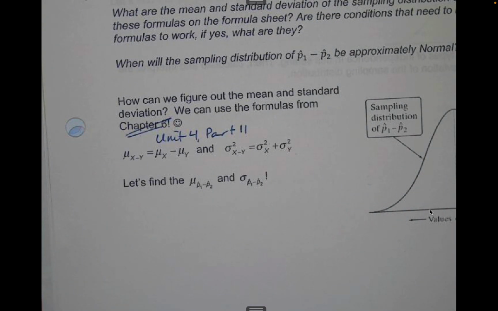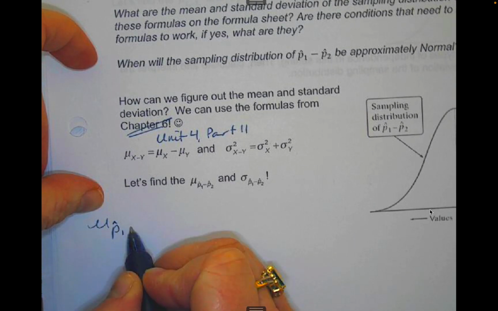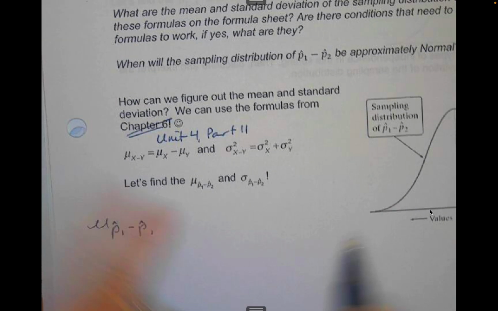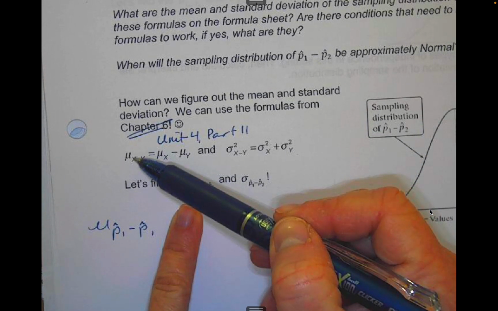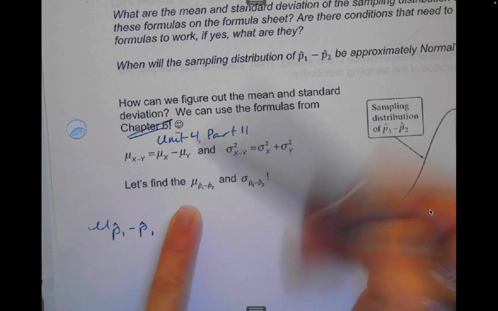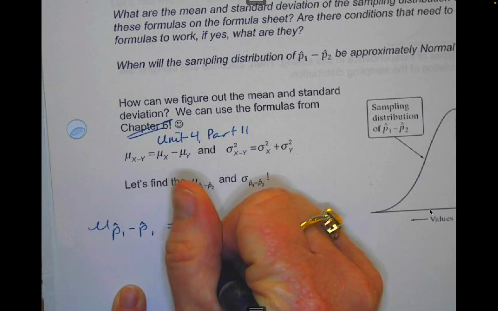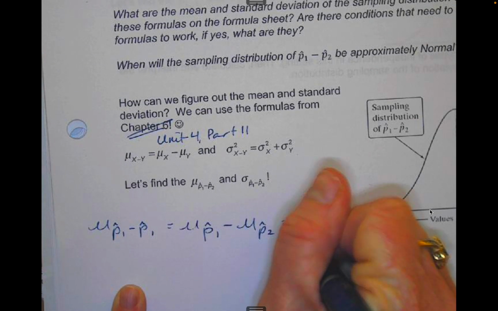All right. So let's find p hat 1 minus p hat 2. If I go back to Unit 4, part 2, we said the mean of x minus y was equal to the mean of x minus the mean of y. So here, this is like saying the mean of p hat 1 minus the mean of p hat 2.